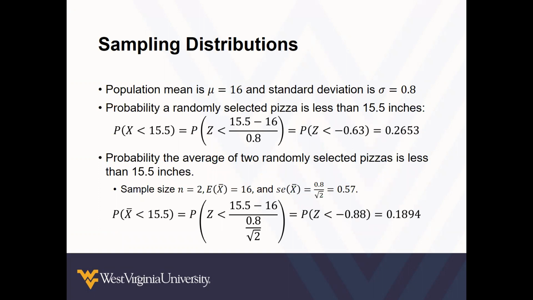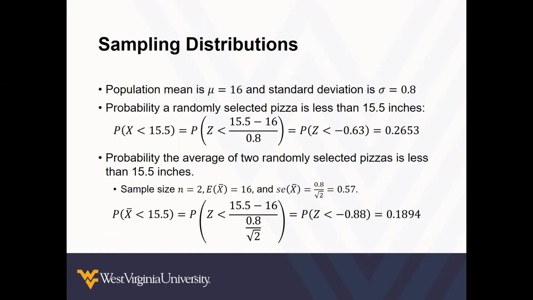Because the population is normally distributed, the sampling distribution of the mean is also normal. This means we can use the standard transformation to derive the probabilities of interest to us.